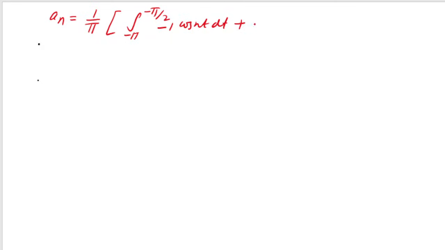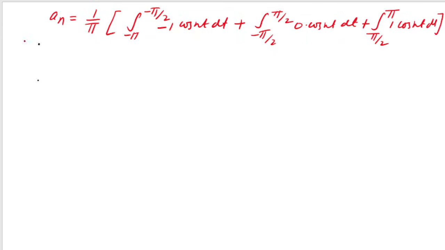Then the next interval is minus pi by 2 to pi by 2, and there it is taking 0, so 0 into cos nt dt, and plus the last interval is pi by 2 to pi, and in this the function value is 1, so 1 cos nt dt.